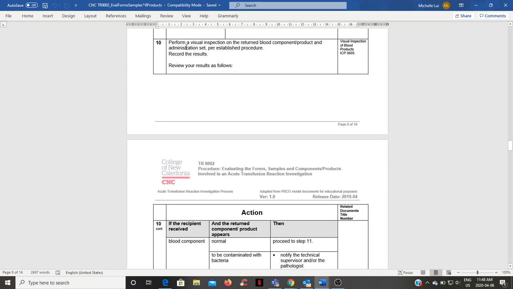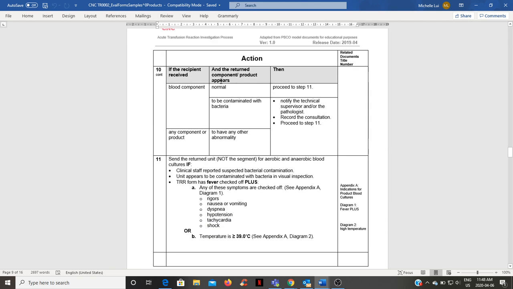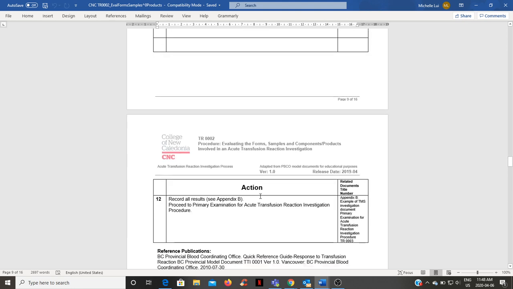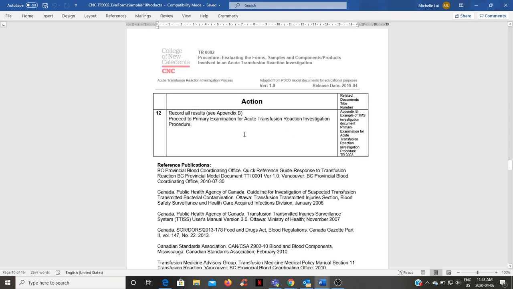Number 10 is the visual inspection of that blood bag. If it all looks normal and there were no triggers for suspect bacterial contamination, we don't need to do that. Then continue on to the primary exam.